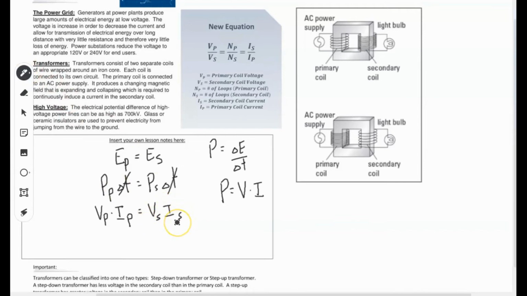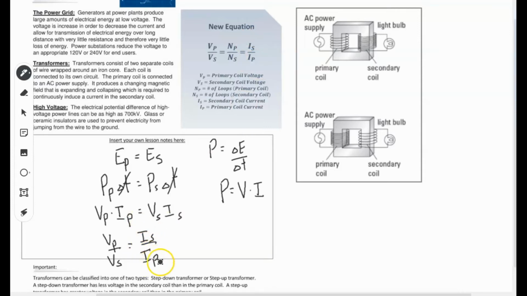Again, stemming from conservation of energy. And if I just rearrange these, I can get this same ratio we have up here. So Vp over Vs is going to be the opposite, Is over Ip.